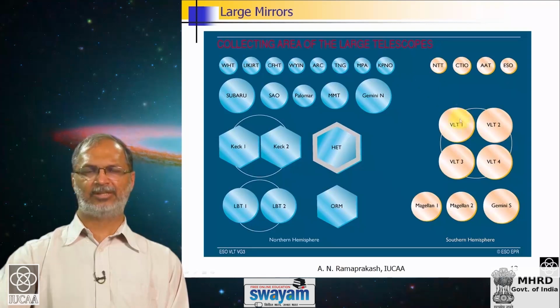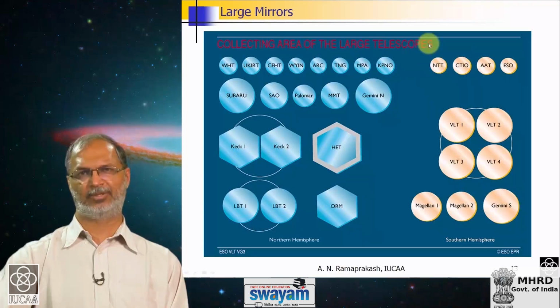So, you can see that there is a large number of very big telescopes which astronomers have constructed over the past several hundred years. If I look at the number of telescopes which are smaller than 4 meters in diameter, there are several hundred of them. I cannot fit them all in this slide. So, these are only the largest among them.